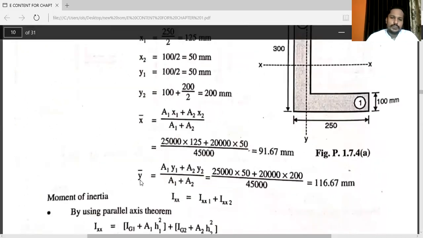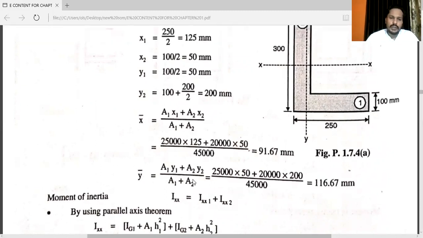We know the formula for y bar, that is a1 into y1 plus a2 into y2 upon summation of all the area, that is a1 plus a2. Again, we know that a1, y1, a2, y2, a1 and a2.